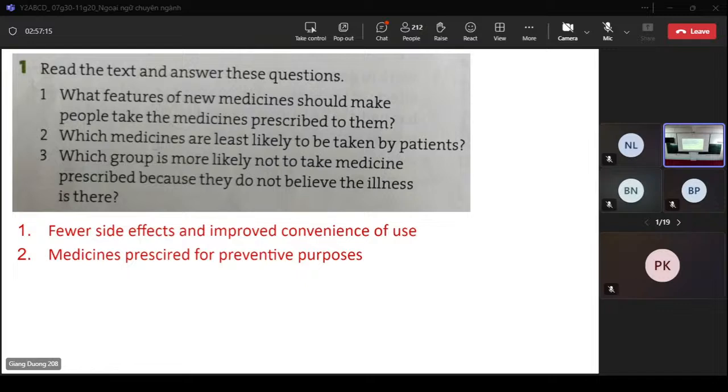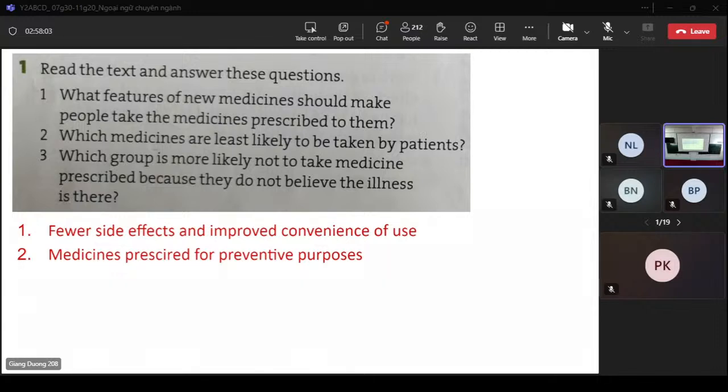Number 3. Answer number 3. In the points.